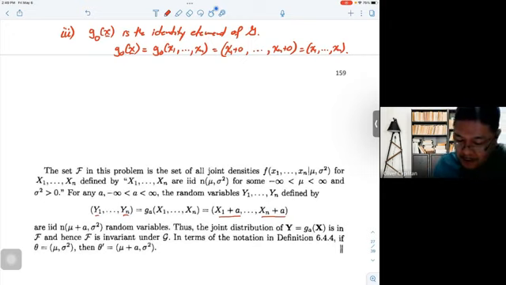So that's the joint distribution of Y. Okay. g sub a of X is in script F. The joint is in script F. Because the script F is the set of all joint densities. And hence, script F is invariant under the group of transformations script G.